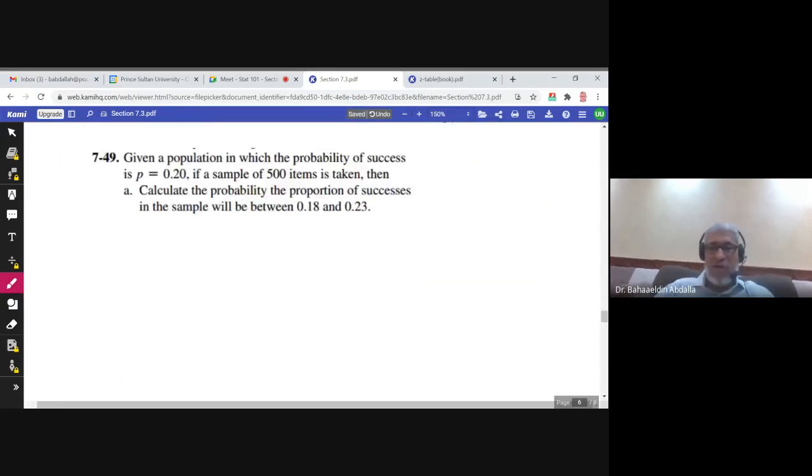Another question: given a population in which the probability of success is 0.2, if a sample of 500, this is N, calculate the probability that the proportion of successes in the sample, so this is P bar, will be between, now he is asking between, so 0.18 is less than P bar is less than 0.23. You change it to Z. Change these two numbers to Z values.